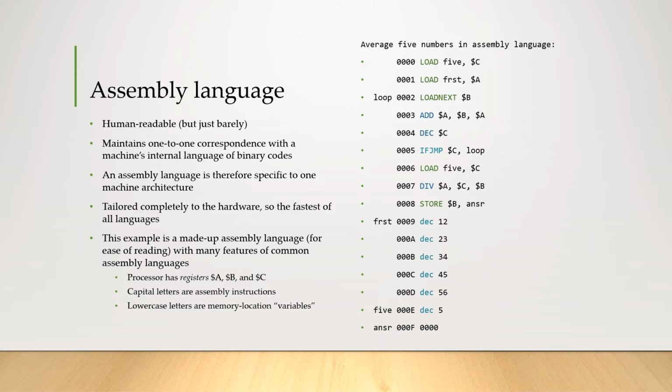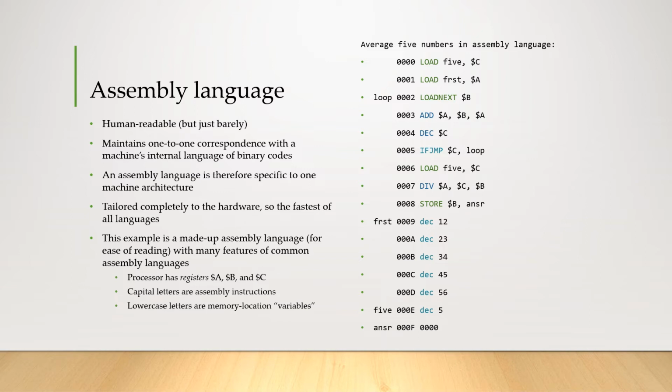All of the ARM processors out there, like the ones that run Apple's iPhones, have an ARM assembly language. This is a made-up assembly language here that is based on features that are found in a lot of different assembly languages. So the load keyword pulls a number out of memory and stuffs it in a processor register.